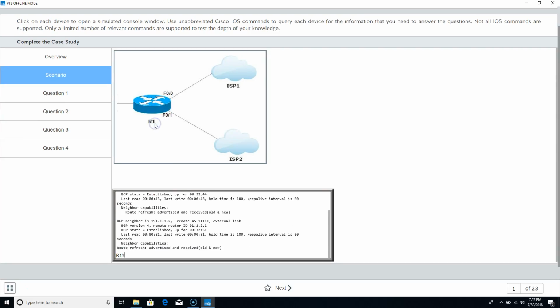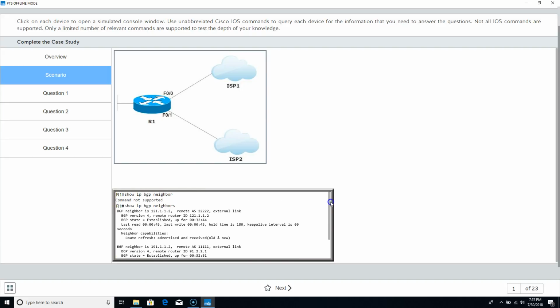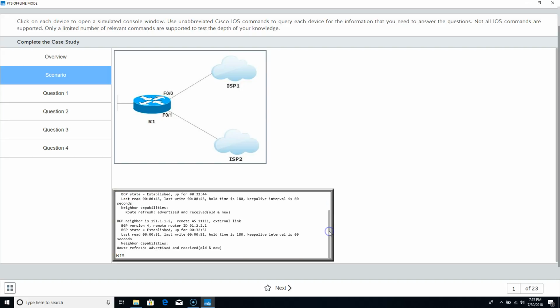Alright, here we go. So here you will find 192.121 and 191. Okay.